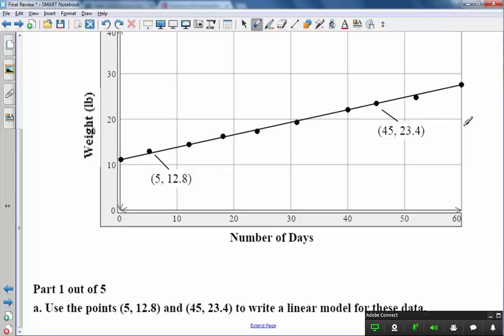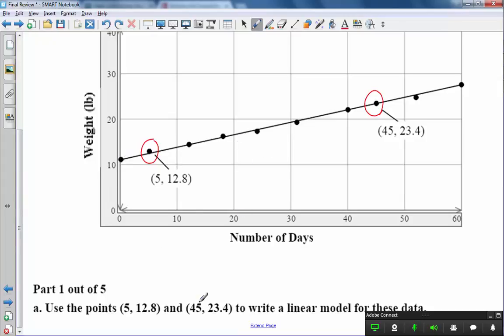And at day 60, about 27, 28-ish pounds. Only 2 numbers are given here. We don't know the other dots. Only these 2 dots are known to us, given 5, 12.8 and 45, 23.4. Can you find the approximate equation of this line?